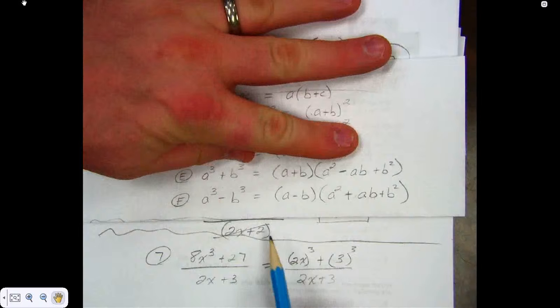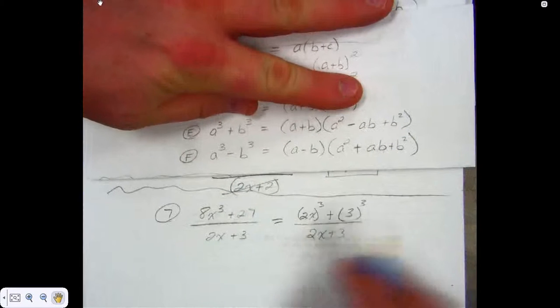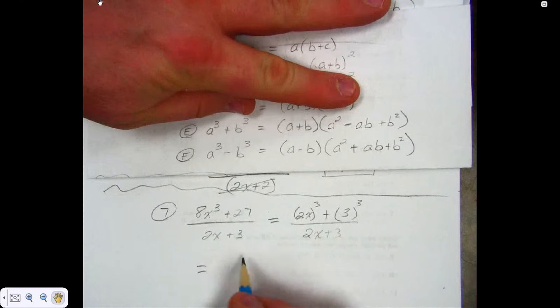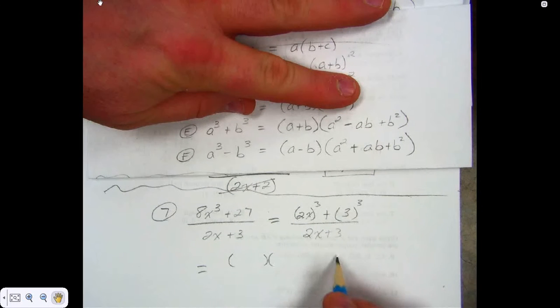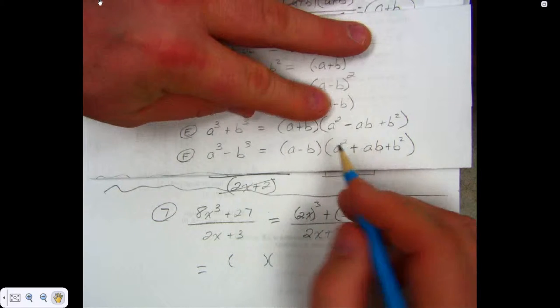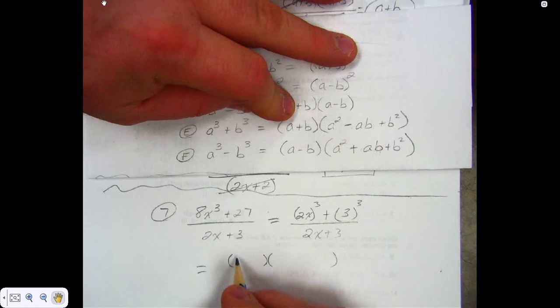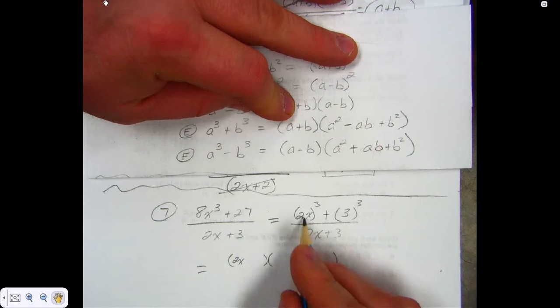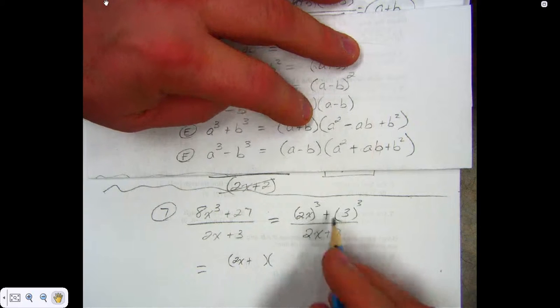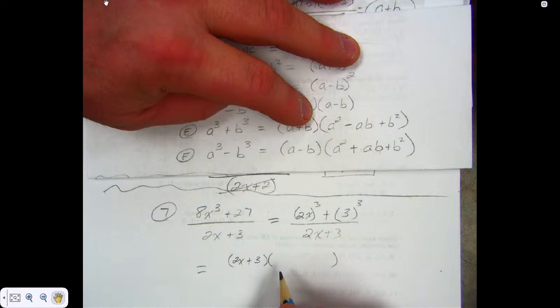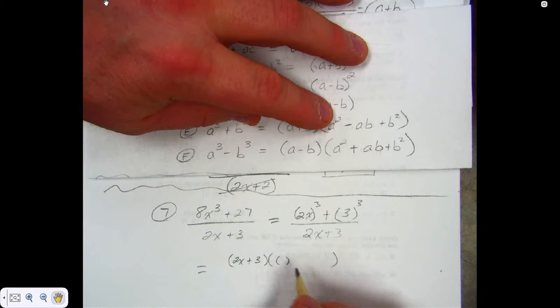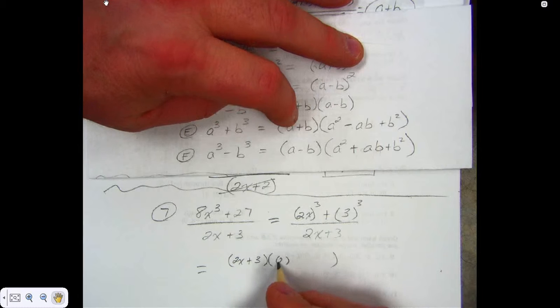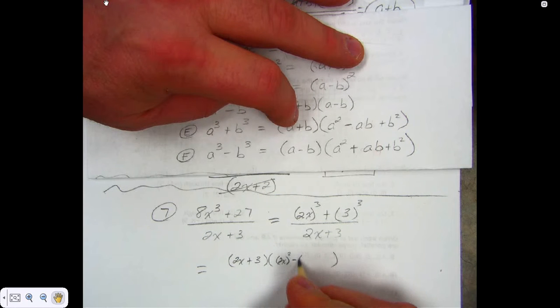So I'm down here. Now I go over here, and on the top, I simply fill in the appropriate thing. A is what? 2x plus B, what is B? 3. In here I have whatever A is. What's A? 2x, and I square it. Minus whatever A is.